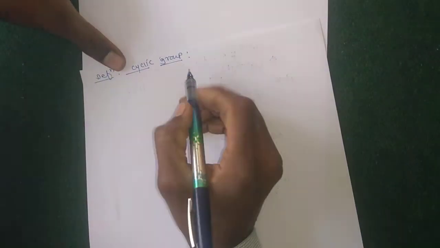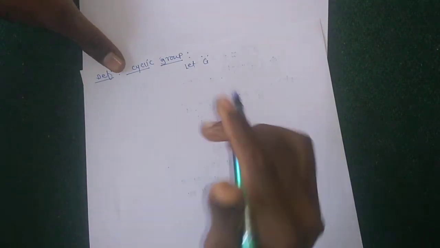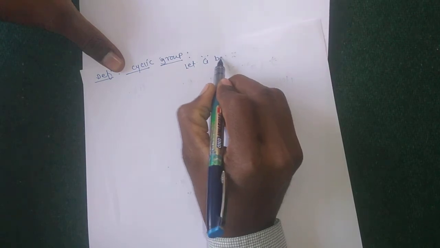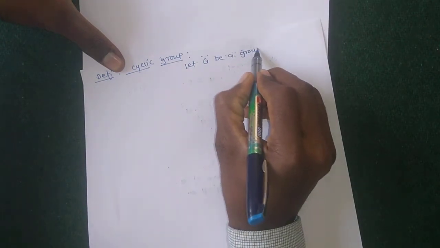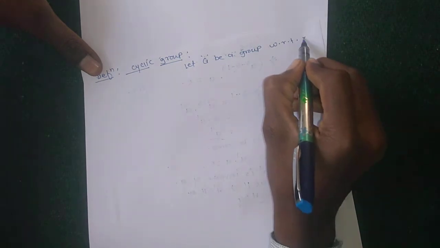Cyclic group. So the definition of cyclic group is: let G be a group with respect to binary operation star.